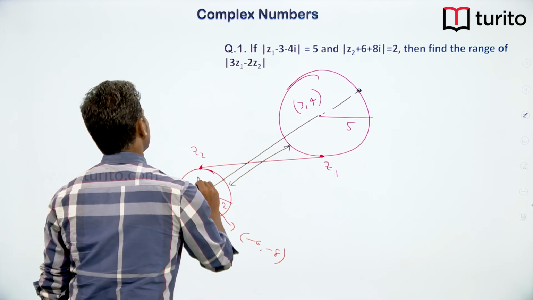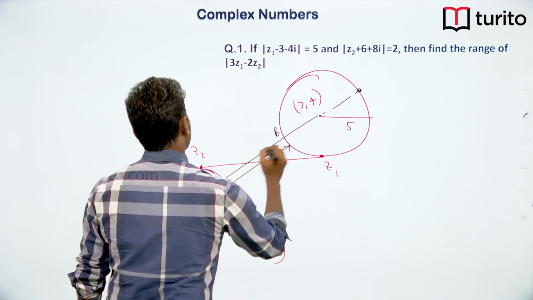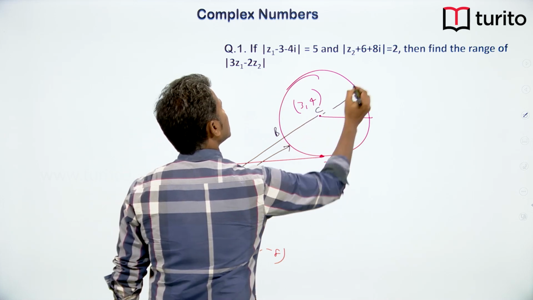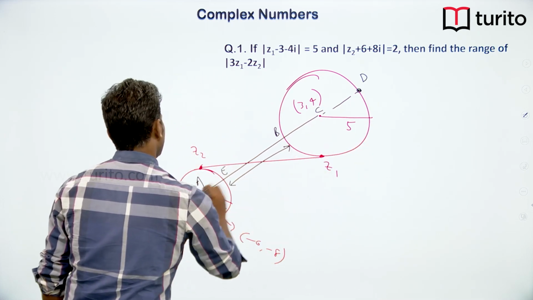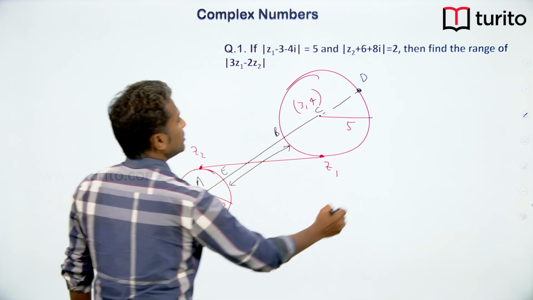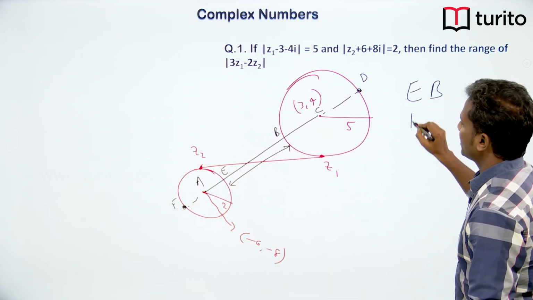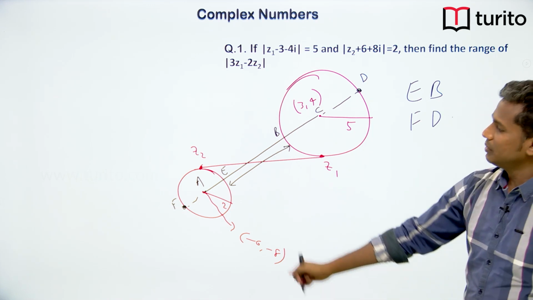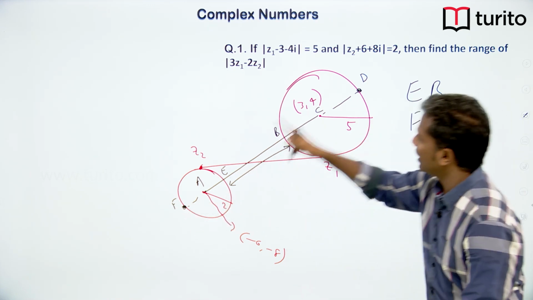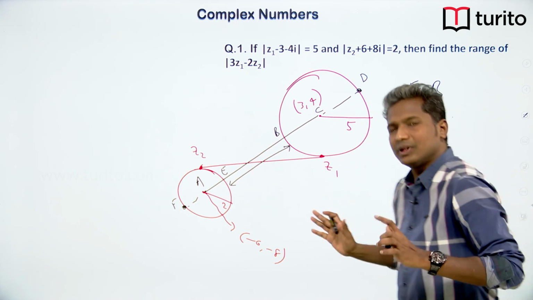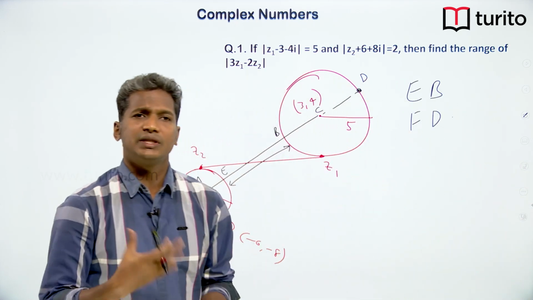If I name these points A, B, C, D, E, F, then the minimum is EB and the maximum is FD. If you observe this geometrically, you can crack this question very fast.